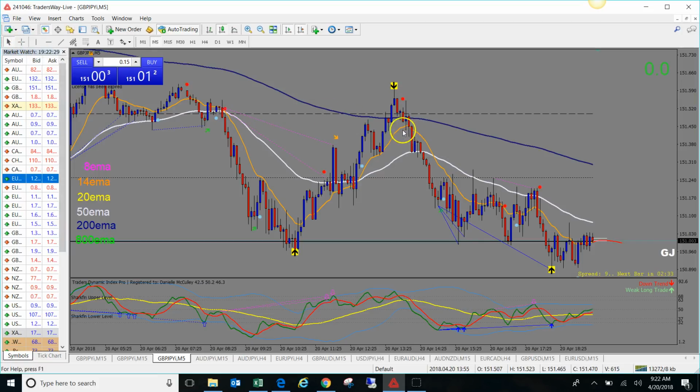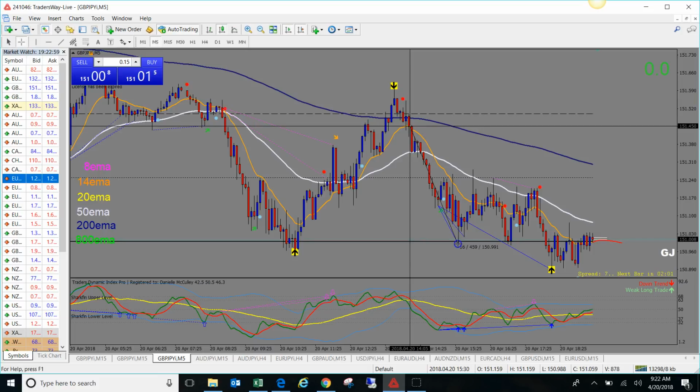Yeah, you wouldn't get in right here. Like I said, you can use the 200, or if you're going off the 14, you're going to want to go off of this bearish candle. So let's see. If you're using the 14, once you see that it may start hooking down, you get in right there.